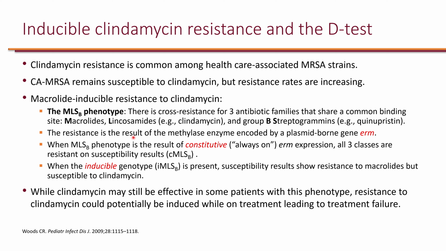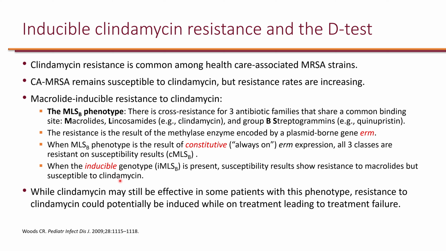And essentially, all these have the same binding site, and that's why there is a cross resistance and the same mechanism. So the problem is, if it's inducible and you get your susceptibility results back, it may show resistant to macrolides, but susceptible to clindamycin. And that's a problem, because then you might say, okay, it's resistant to macrolides, so we don't use macrolides, but we will use clindamycin.